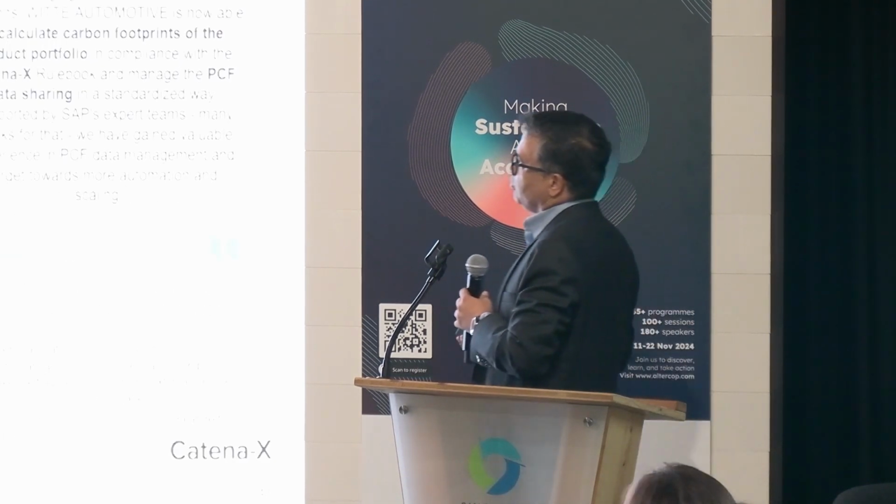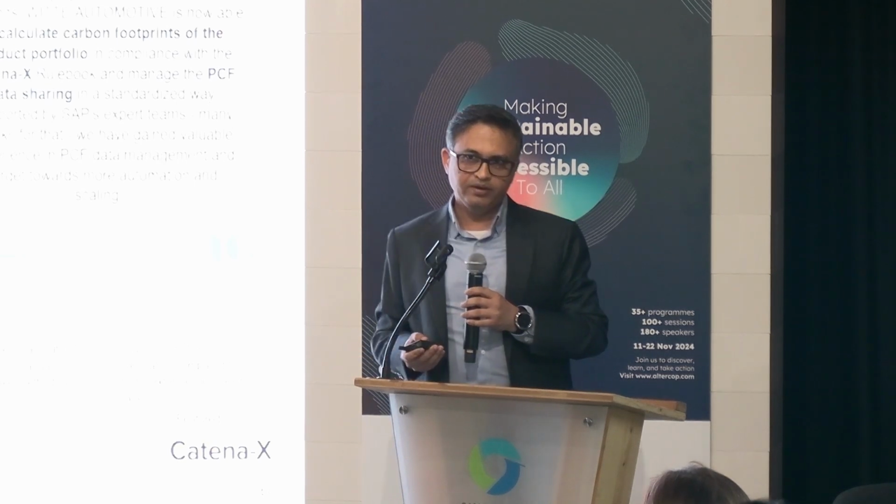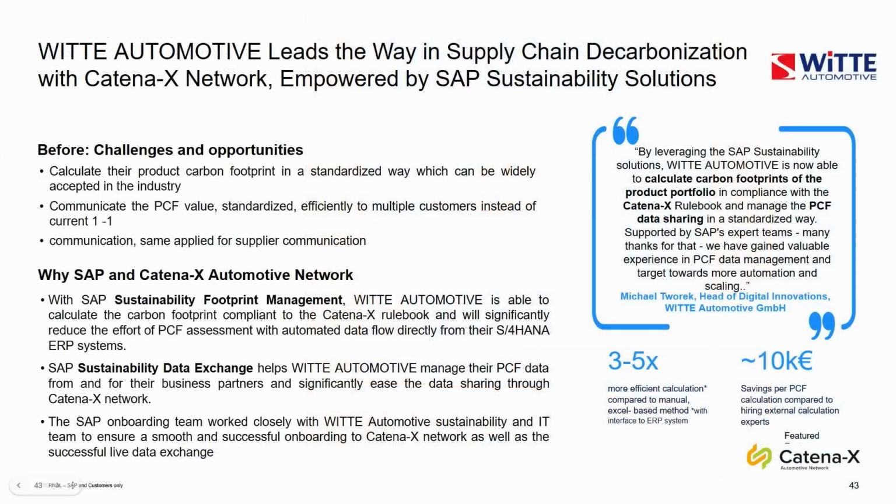Second is Vitesco Automotive from Germany. They are an automotive component manufacturer in mechatronics, electronics, door handles, seats. Two of the requirements are how to calculate the emission of the components they are manufacturing, and how to share the embedded emission with their customers using the Catena-X network.